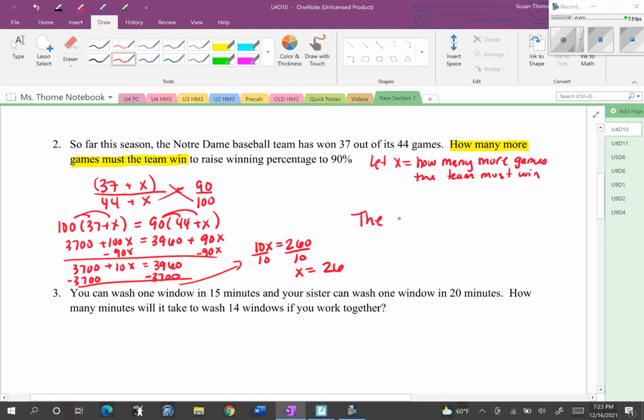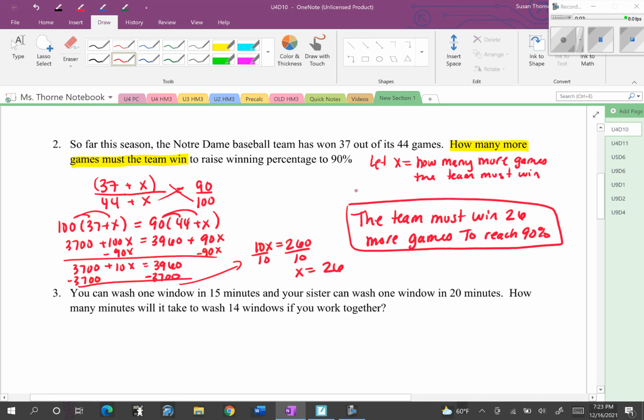So the team must win 26 more games to reach 90% for their winning percentage. So that's it for number 2.